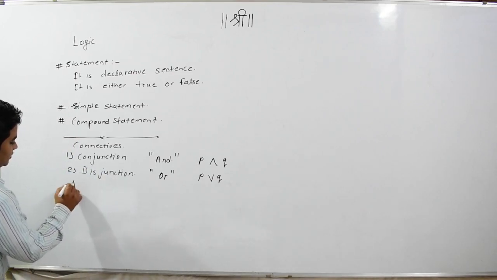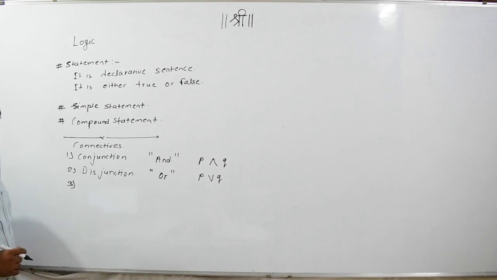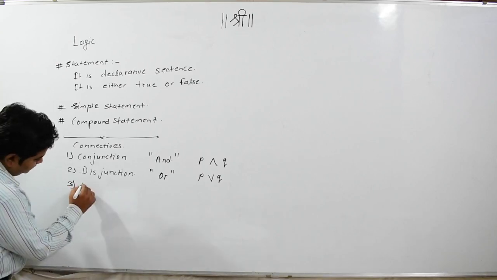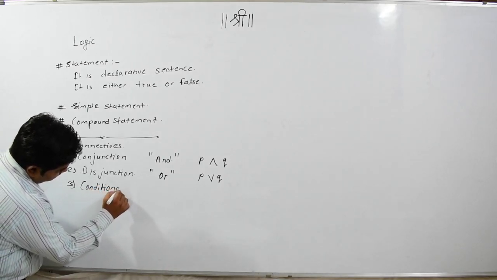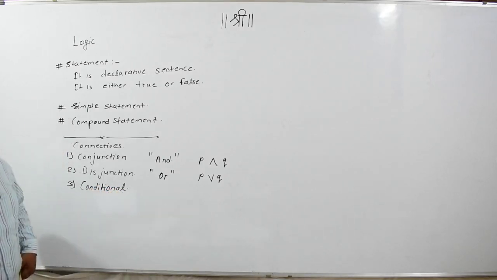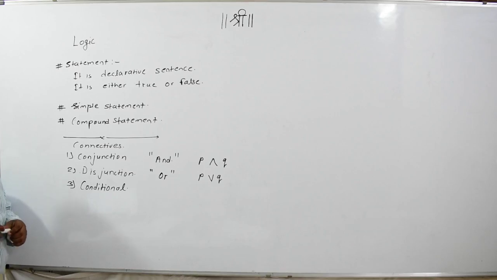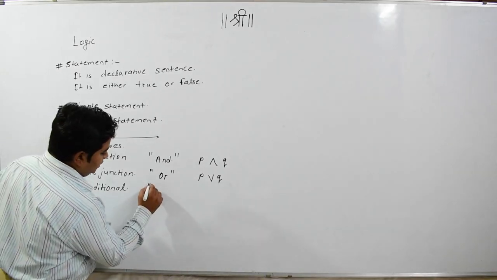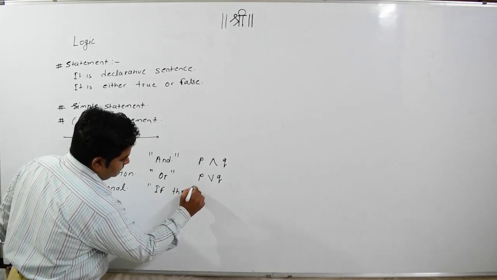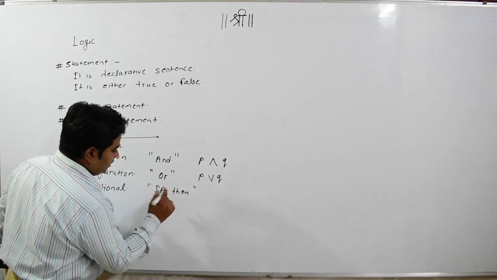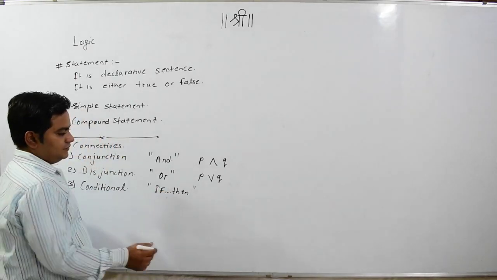Now the next connective, the third, is the conditional. Conditional simply represents if, then. I am specifically writing this if then.